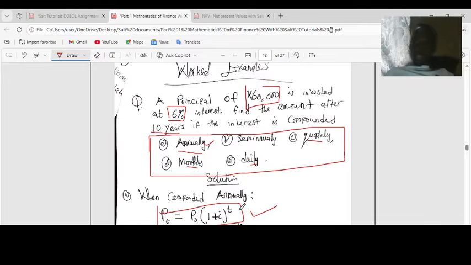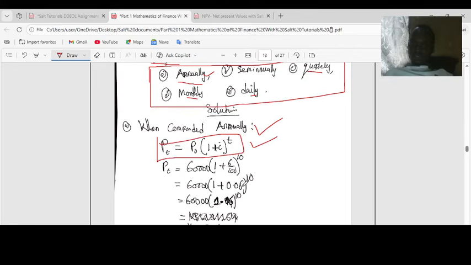Sometimes you can be given time in months, so you have to convert it to years. Time taken here is 10 years. So this formula is for when interest is compounded annually. You just compute with your calculator: in the brackets, 0.06 plus 1 becomes 1.06, to the power 10, and the answer is multiplied by 60,000.